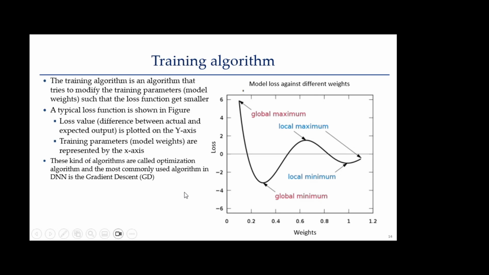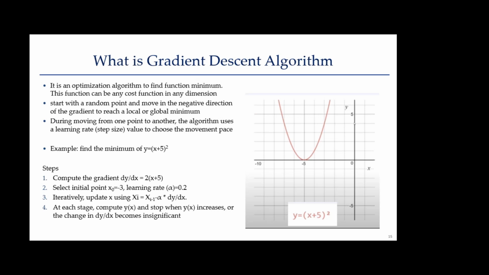These kinds of algorithms are called optimization algorithms, and the most commonly used algorithm in our DNN training is the gradient descent algorithm. So let's explain what the gradient descent algorithm is. It's an optimization algorithm that is used to find a function's minimum. This function can be anything. It can be a cost function, or in our case, it's a loss function.